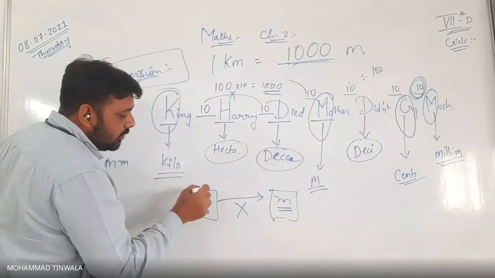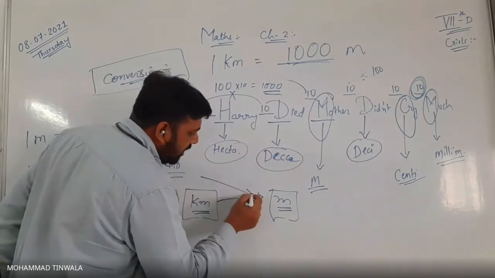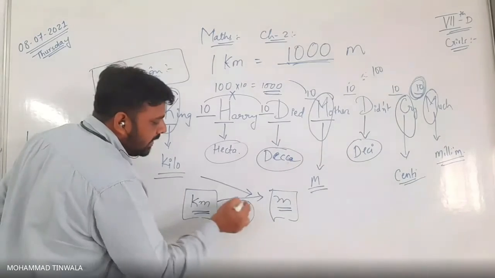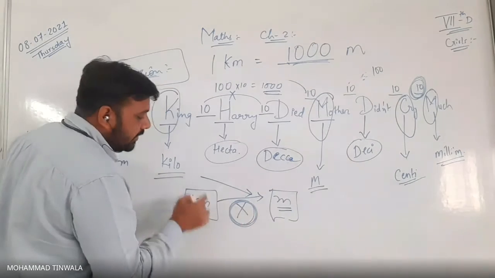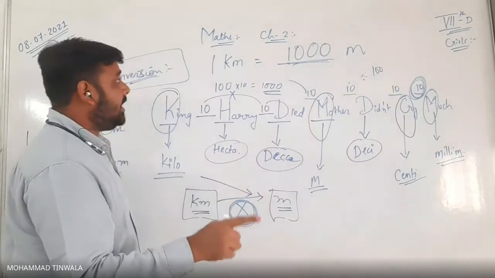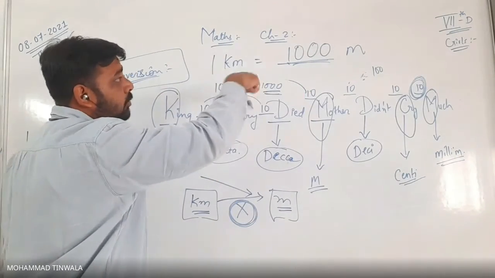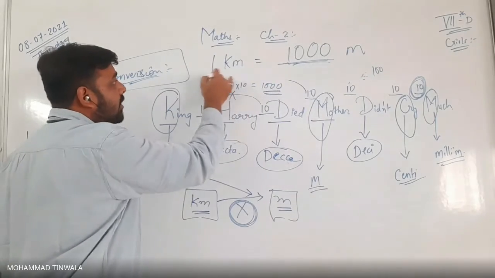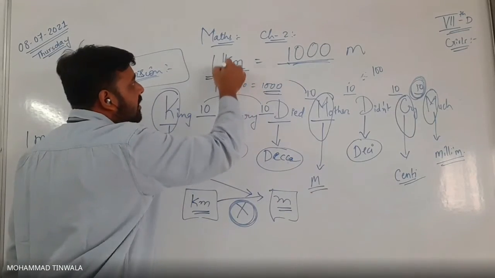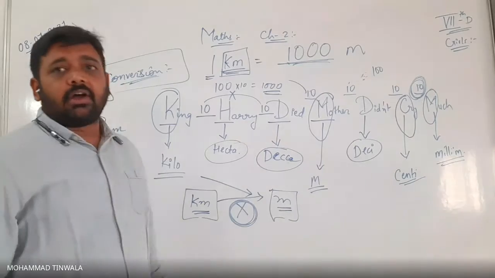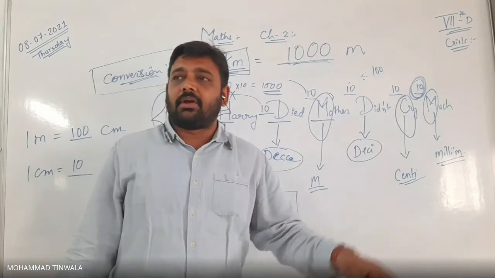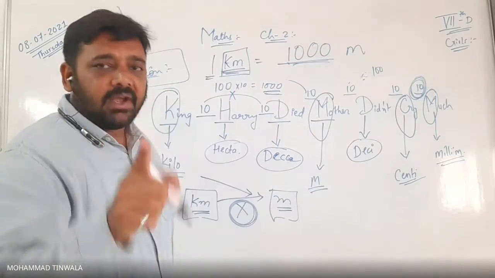So when going from bigger to smaller unit, we have to multiply. Again I am clearing: 1 kilometer is 1000 meter. Don't look at the number, check the unit. If you have kilometer and we are going to meter or centimeter, at that time we have to multiply.